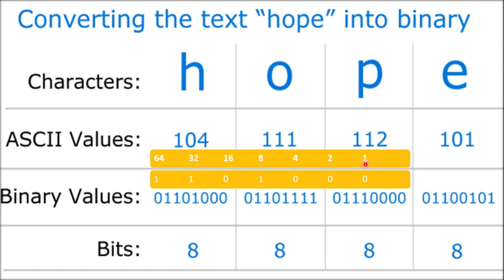You have to start from 1. Then it's double, 2. 2, it's double, 4. 4, it's double, 8. 8, double, 16. 16, double, 32. Then 32, double, 64.